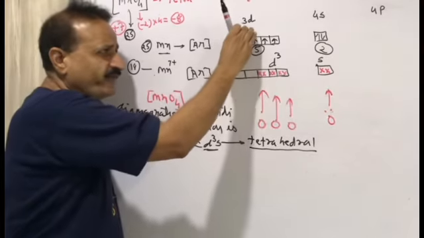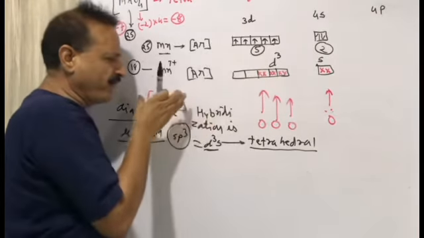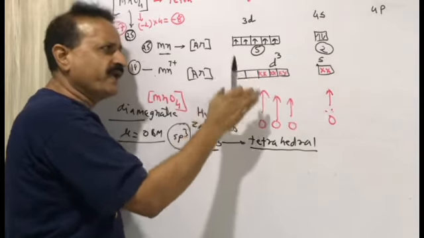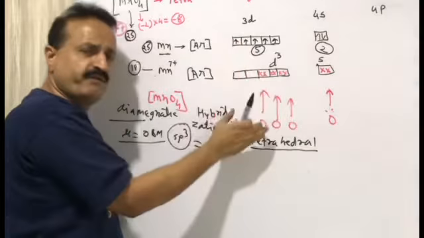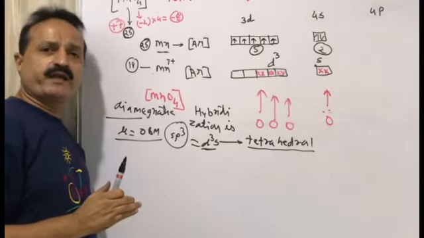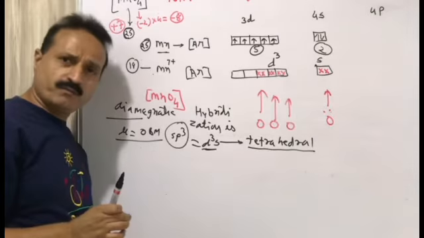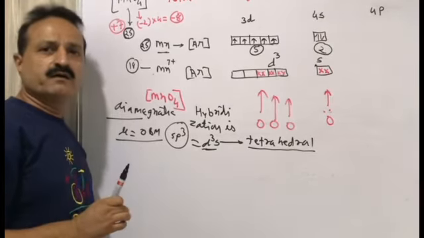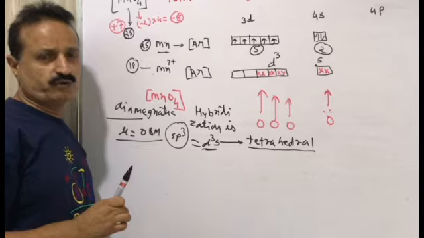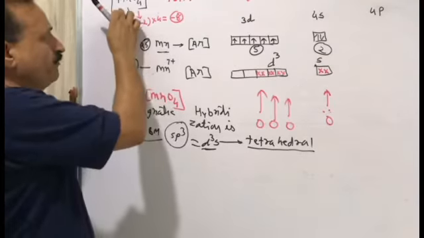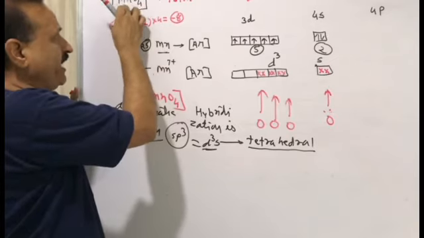Don't look at the 5 unpaired electrons here. When the complex ion is formed, then we see whether there is any unpaired electron, and then we decide its magnetic property. Until the complex ion is formed, we should not decide the magnetic property.